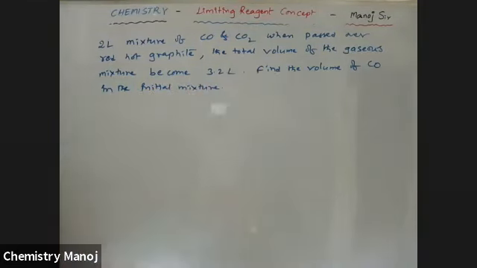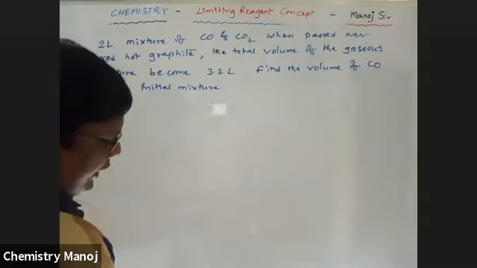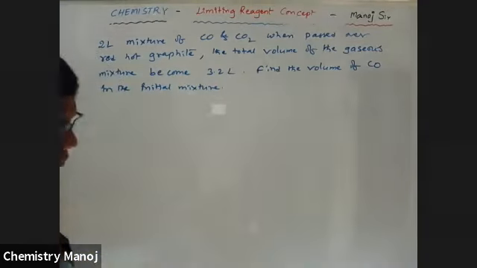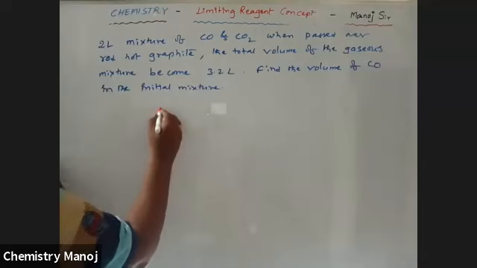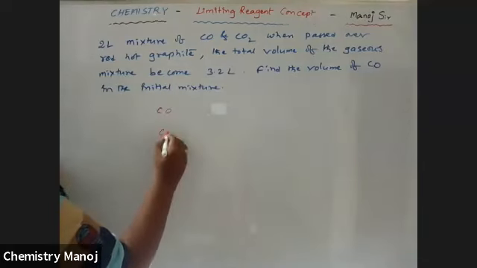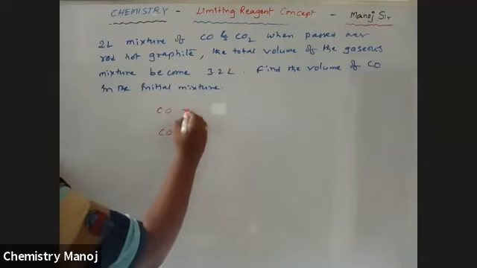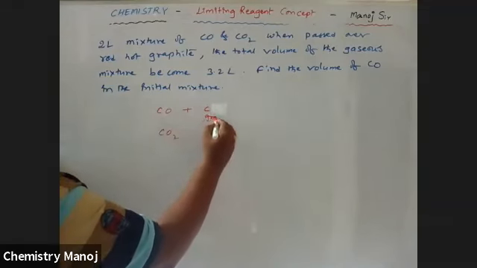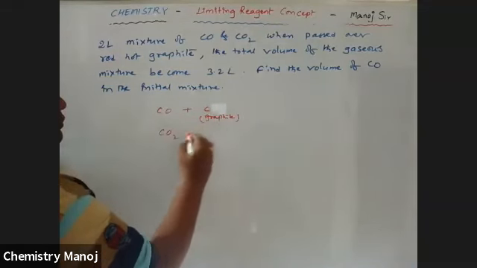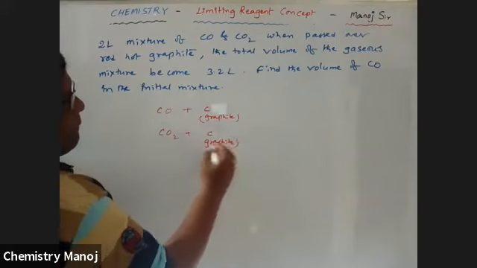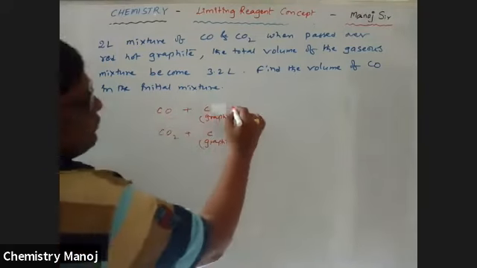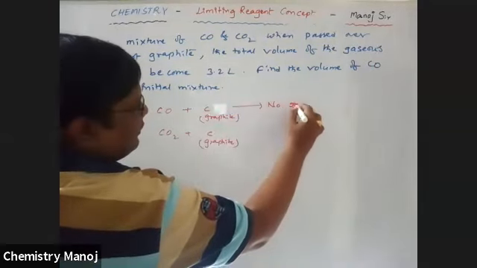Just like the previous problem, try it. Here, carbon monoxide and carbon dioxide are passed over graphite. Carbon monoxide with carbon, no reaction.